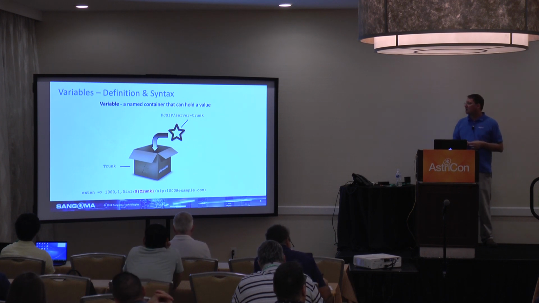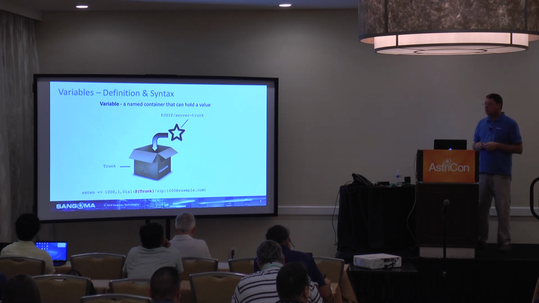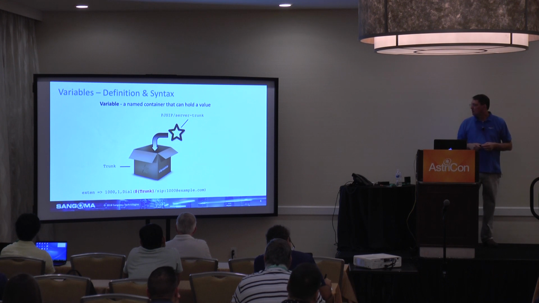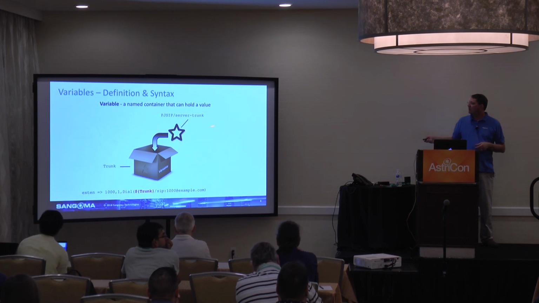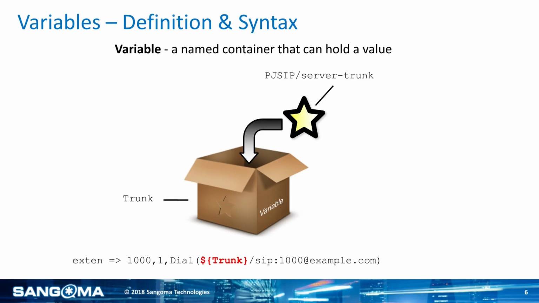That would be expanded to pjsip/server trunk. To dereference that variable, we use the ${, like down here in trunk. So what that does is it dereferences the value pjsip server trunk. So that and this would be identical in this case.